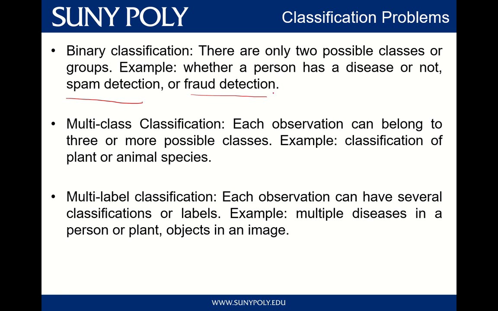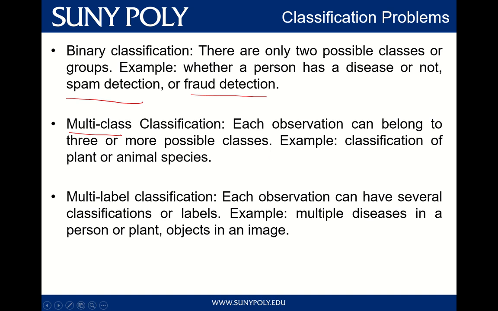Now, if there are more than two possibilities, let's say three or more, then that's what we call multi-class classification. So here, each observation, the output, may have three or more possible values. Let's say that we are classifying a plant or animal species, so there are multiple options for just one individual, for one creature.